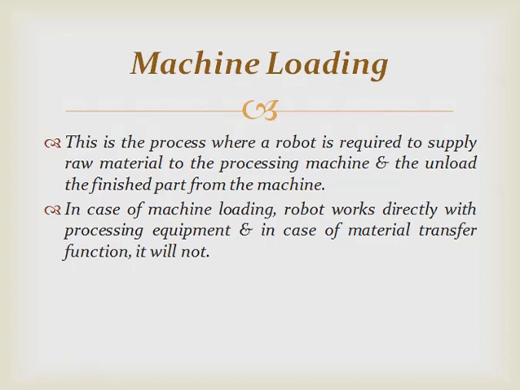Once the process is complete, it will unload the finished part from the machine. In machine loading, the robot works directly with processing equipment, and in material transfer, it does not. So we need to be very particular about this consideration.